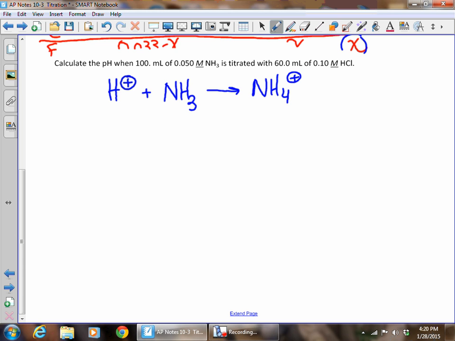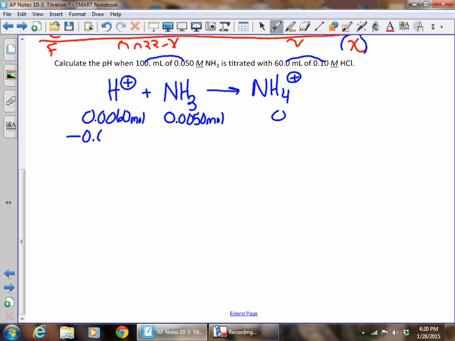This time when we do our calculation, still have the same amount of NH3. We've increased the H plus to 0.0060 moles, not concentration, the number of moles, remember. And the NH3 is still 0.0050 moles, and NH4 plus is 0 at the beginning.